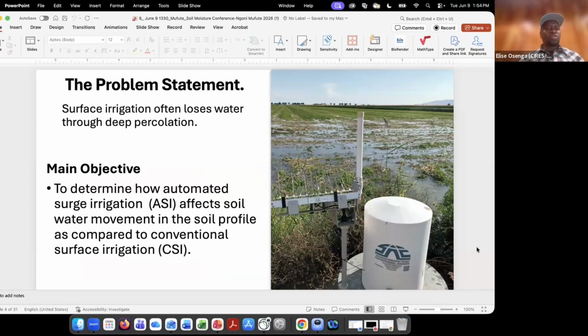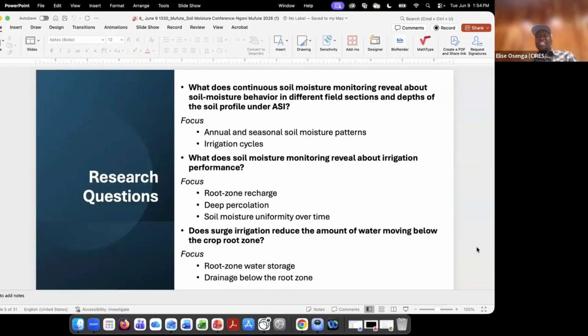So the problem again is loss of nutrients through deep percolation. We want to see how automated surge irrigation improves or shapes soil moisture movement within the soil profile as compared to conventional irrigation, which I call here CSI. We wanted to understand how continuous soil moisture monitoring reveals soil moisture behavior at different depths and across the field for automated surge irrigation and the normal irrigation.